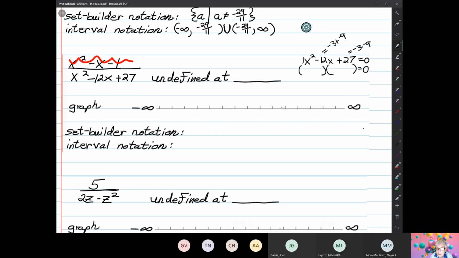So I'll break up the x squared, put an x here and an x here, take a negative 3 and put it here, take a negative 9 and put it here, although now those are not negative signs, they're minus signs. Now I set each of these factors equal to 0 and solve.